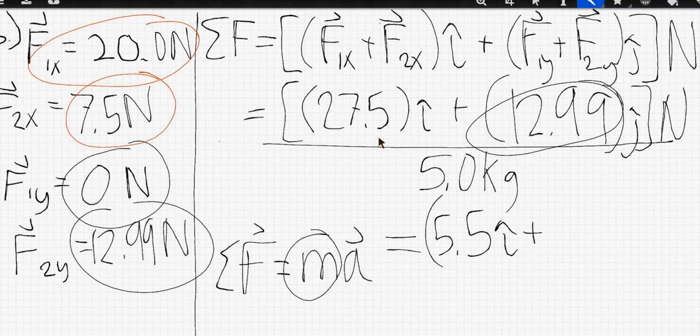The value of the force in the j direction divided by mass is equal to 2.6.